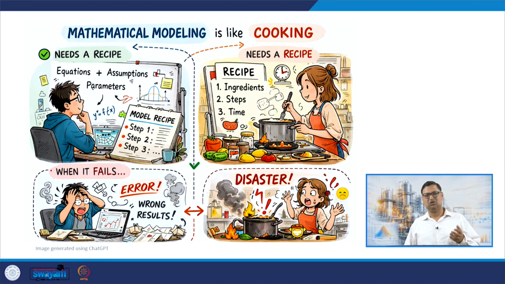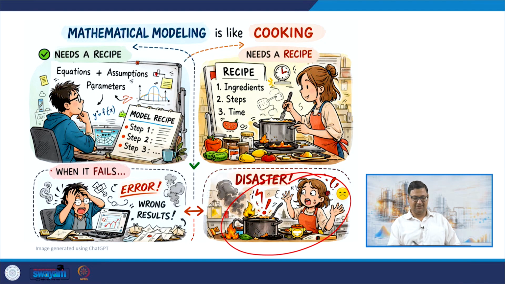Because cooking, as you know, it requires some ingredients, certain steps, and we have to follow a certain process, and if we do it in a proper manner, then we get good food, or it can yield in some kind of a disaster. The same thing applies also in modeling in that sense. We begin with certain equations, certain assumptions, certain parameters, and if we are doing it properly, then the model will predict the behavior of the system.